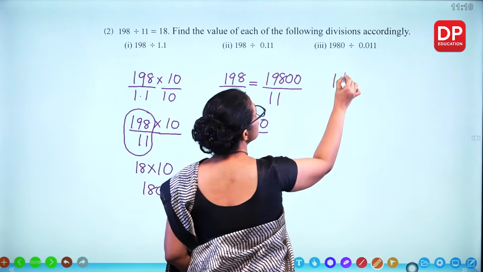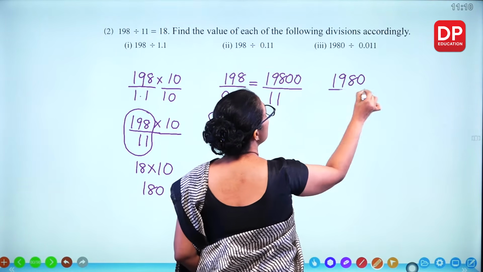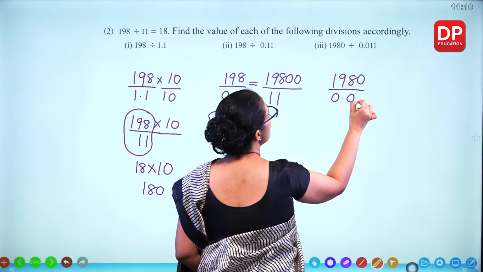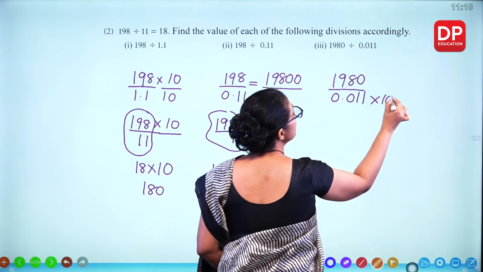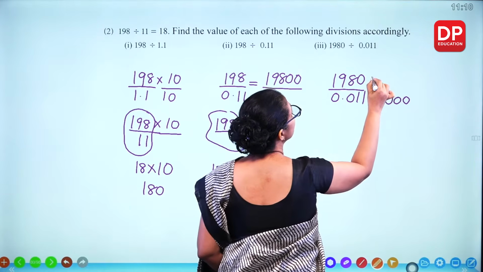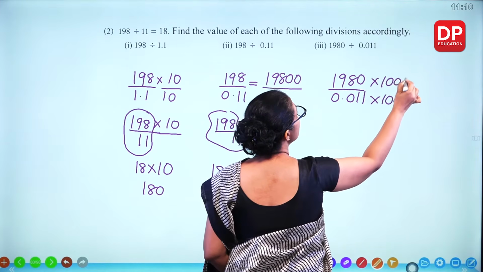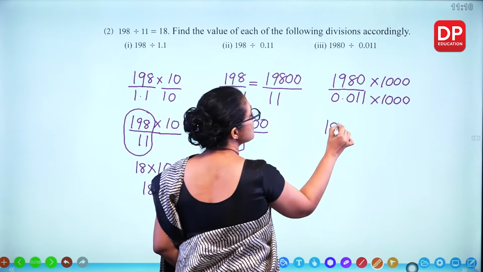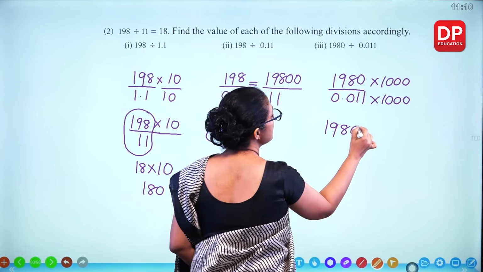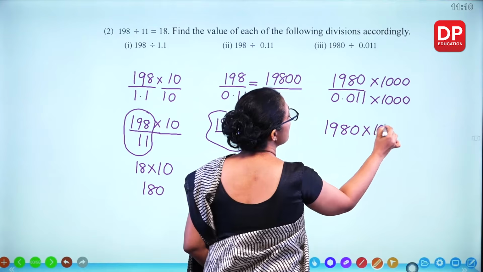This one, 1980 divided by 0.011. Multiplied by 1000 to get rid of this decimal point, you get 1980 multiplied by 1000.